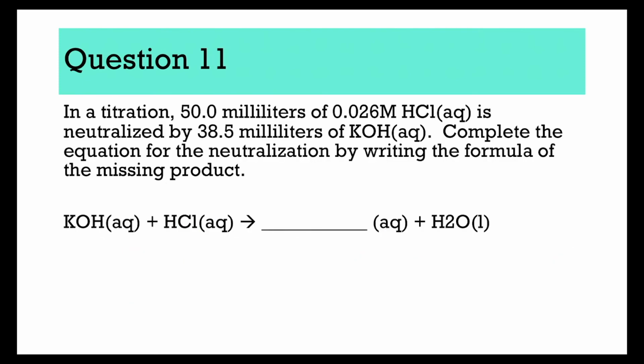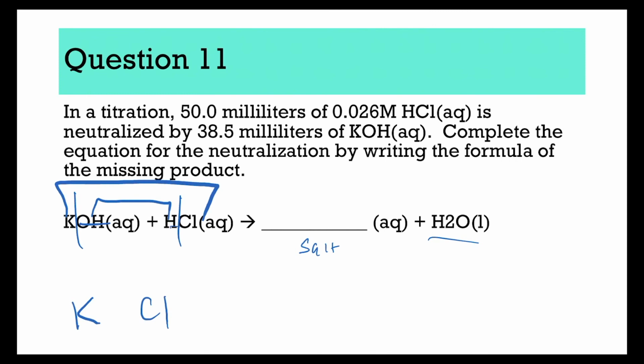Okay, here, again, it gives you information that doesn't matter to our question. They just want you to figure out what this salt is. So, break apart your acids and your bases. Outside with outside, inside with inside. So we've already made our water. So now we have to mix them with K and Cl.